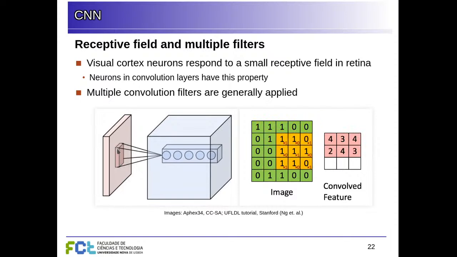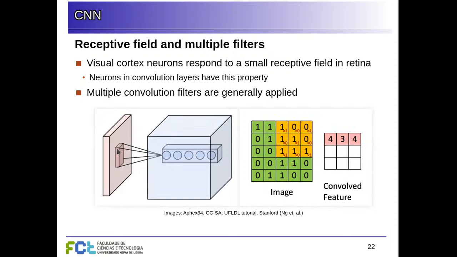The name receptive field comes from biology, from the physiology of the eye, the anatomy of the eye and the nervous system, because that is what is called the region in the retina from which neurons in the visual cortex, in the back of our brain, receive input when they are processing visual data.